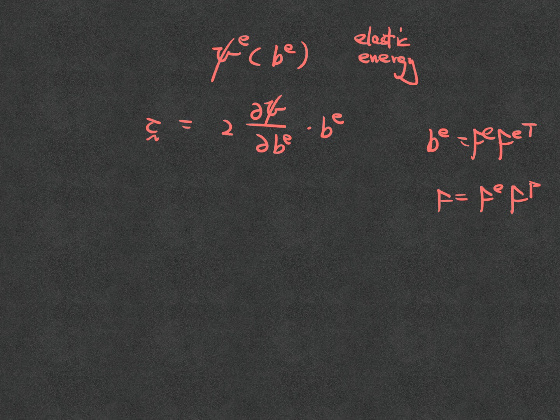So now for each time step, instead of epsilon dot, I would consider B dot.